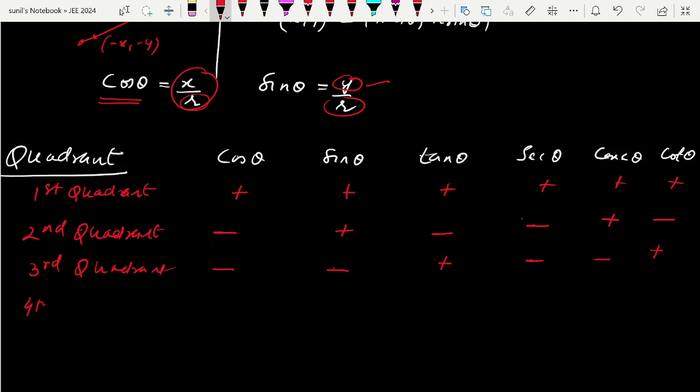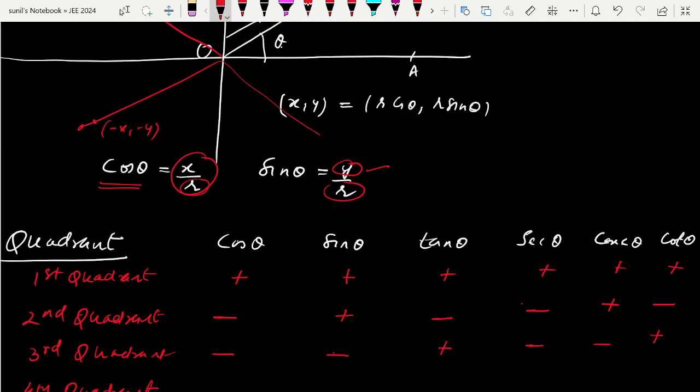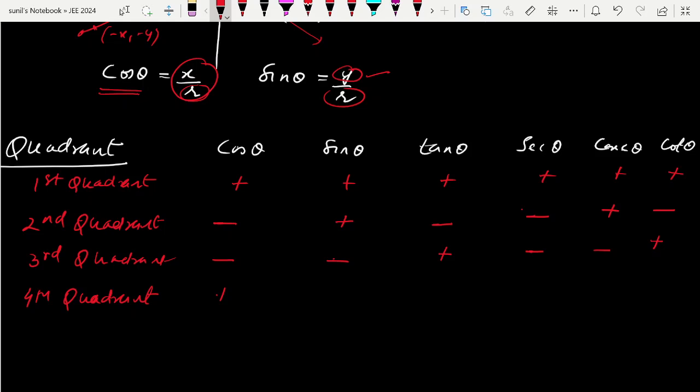Now if it is the fourth quadrant, then x will be positive and y will be negative. So cos theta is positive, sin theta is negative, tan theta is negative, sec theta is positive, cosec theta is negative, and cot theta is also negative.